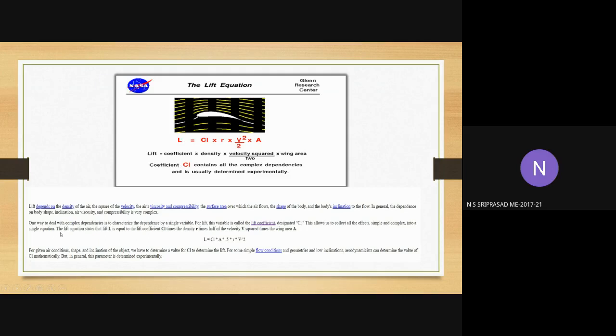Now what happens is lift depends on the density of the air, the square of the velocity, and the air's viscosity and compressibility, okay, and the surface area of the wing, the shape of the body, and all that comes into picture, right? But the main thing is this equation, okay, the coefficient of lift.